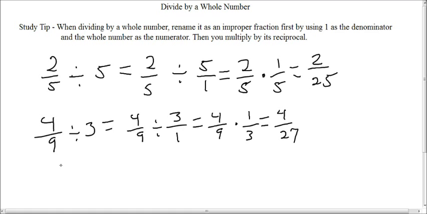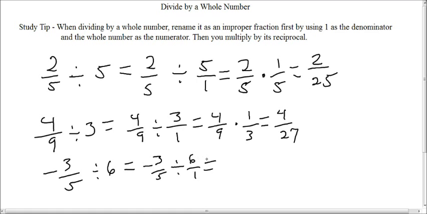Let's take a negative. So we have a -3/5, and that is divided by 6. Okay, now again we will take the same -3/5 and we will place 6/1, and now we're going to take the reciprocal of 6/1.